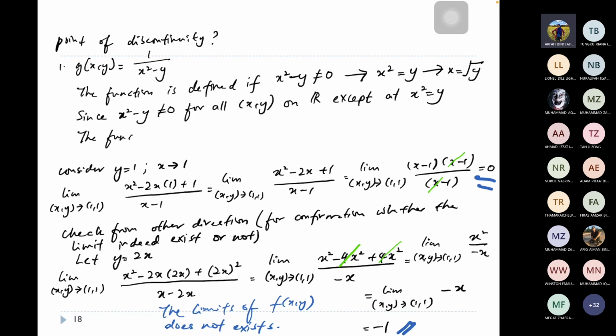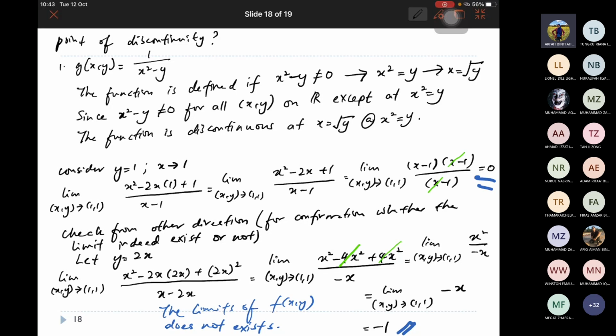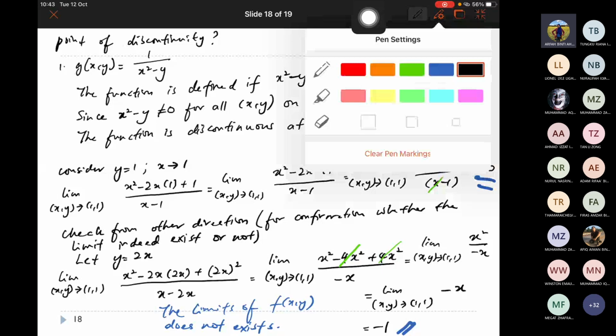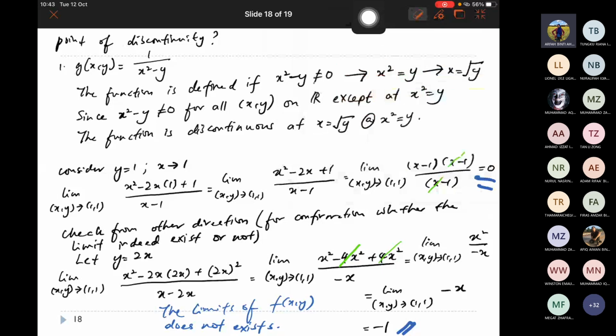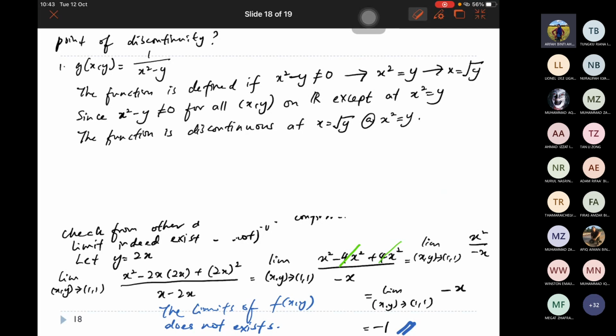So the function is discontinuous at x equal to square root y atau bila x squared sama dengan y. So tu sahaja dia punya cara dia. Senang cakap nak cari point of discontinuity ni awak tengok bila fungsi tu jadi undefined.